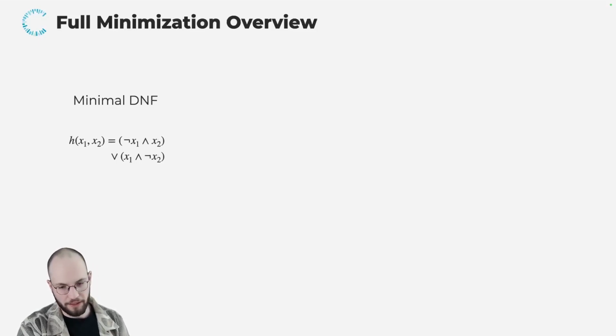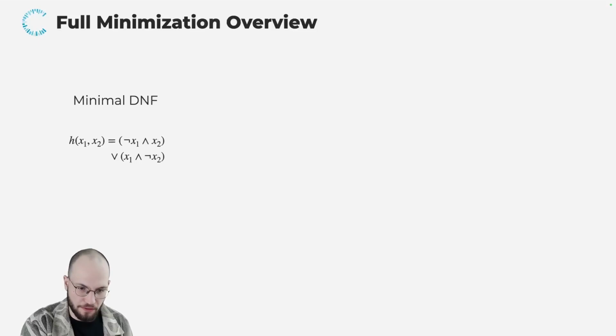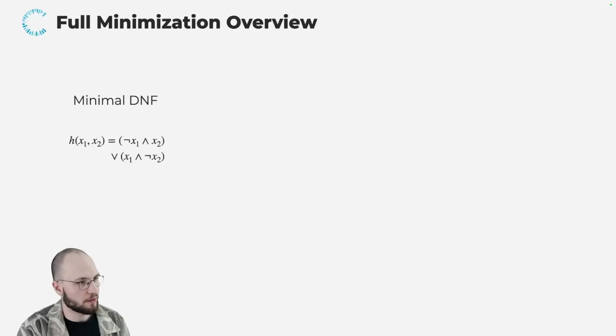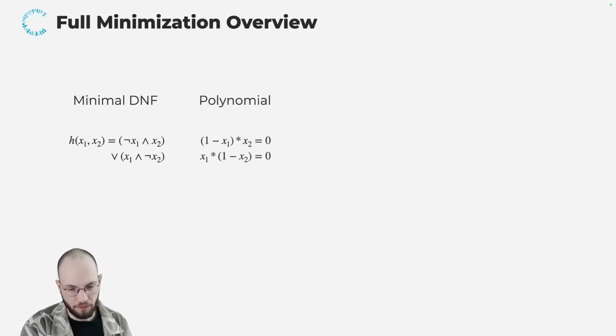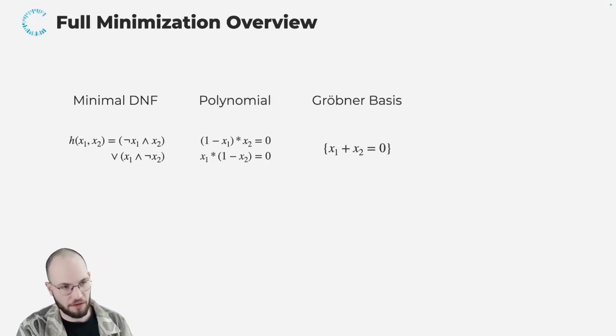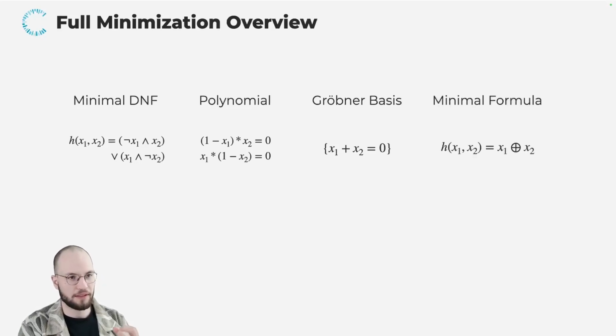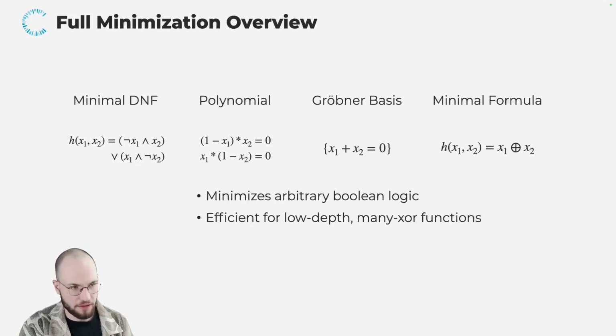This DNF formula then gets quickly minimized with Espresso, which yields a slightly better formula that still suffers from these explosion problems that we talked about earlier. Then we convert that into a polynomial, which then gets converted into a Gröbner basis that represents the equivalent polynomial, and that then gets unfolded into a minimal formula again. And this minimizes arbitrary Boolean logic, but is efficient for our use case.